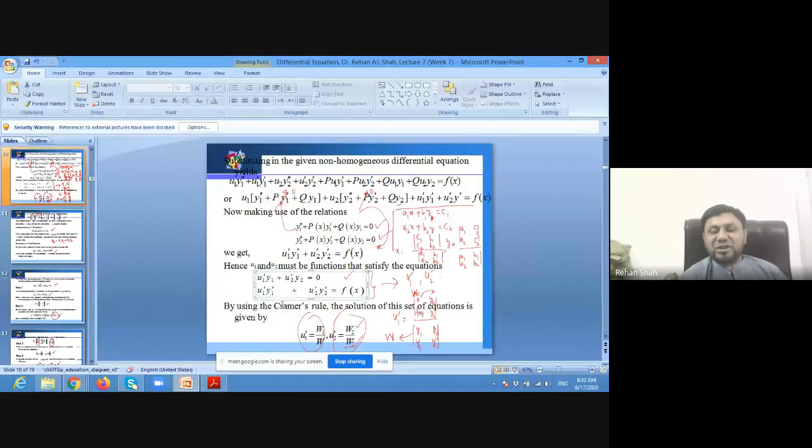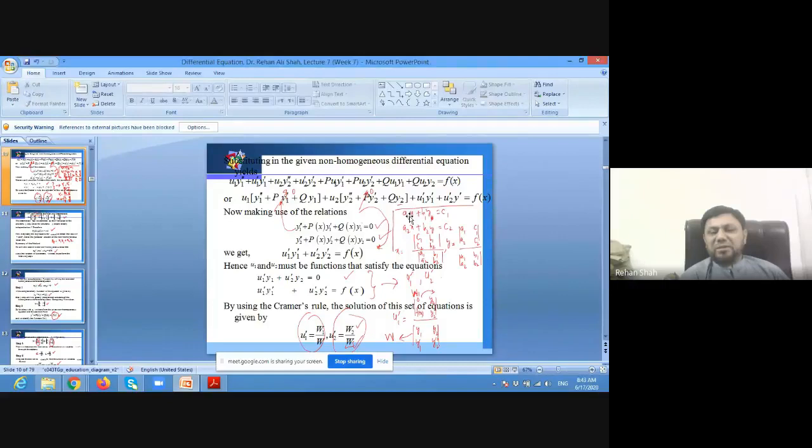This set of equations has two unknown variables: u1 dash, which is involved in both equations, and u2 dash, which is also involved in both. So this is a system of differential equations dependent on u1 dash and u2 dash. Let's recall Cramer's rule.